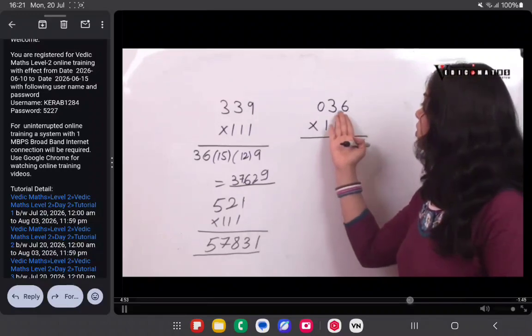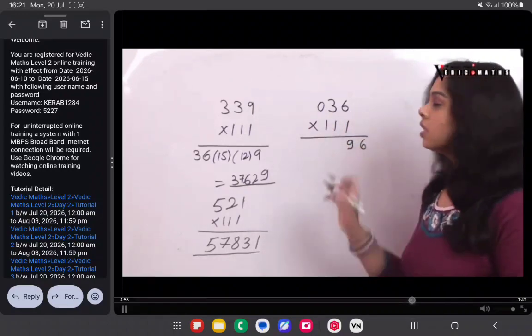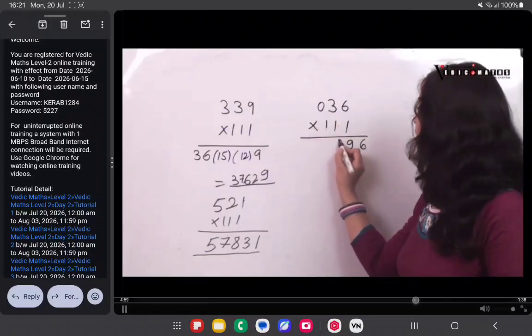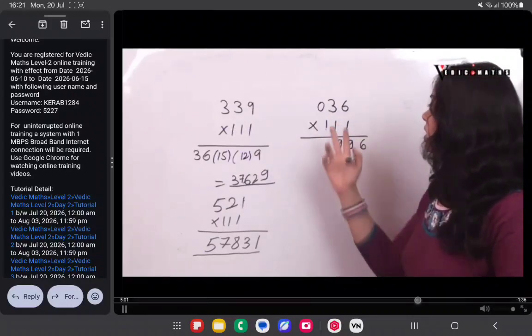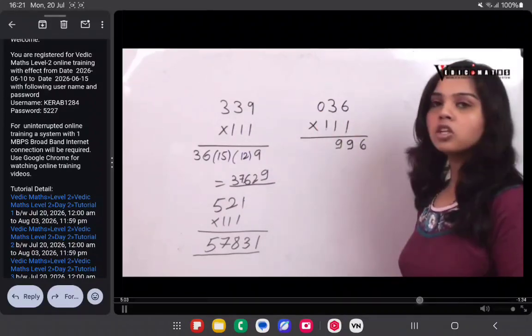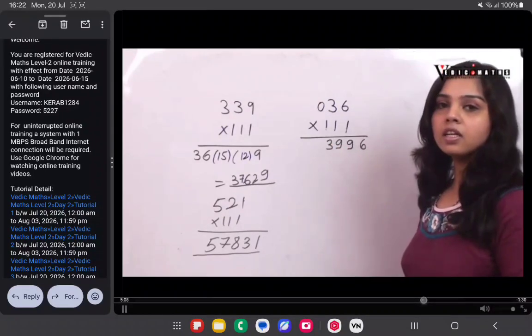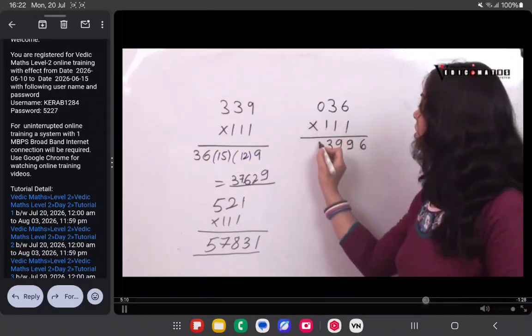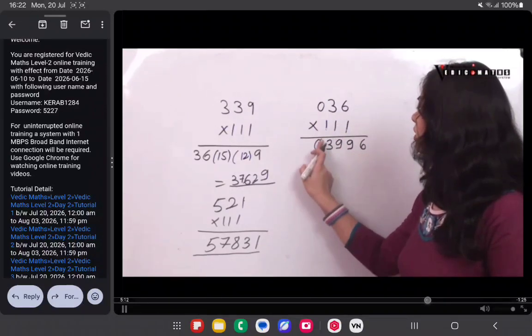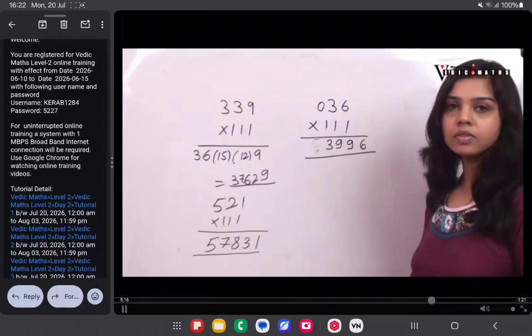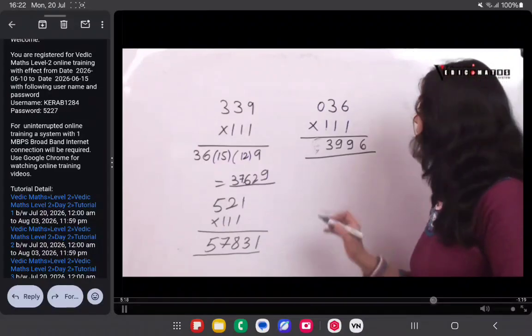Then the sum of these three numbers, 6 plus 3 is 9, 9 plus 0 is again 9. Then the sum of these two numbers, 0 plus 3 is 3. Then write the first number as it is, that means 0. If we don't write it, our answer is 3996. Let's take another example.